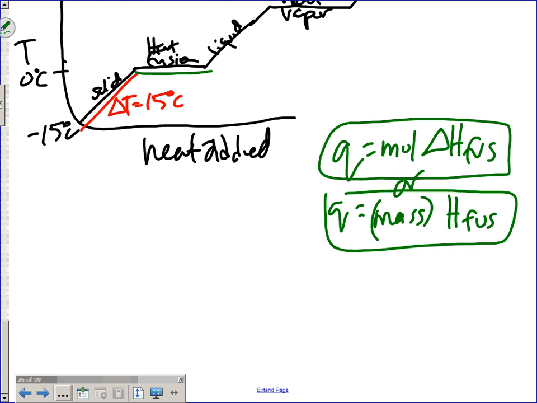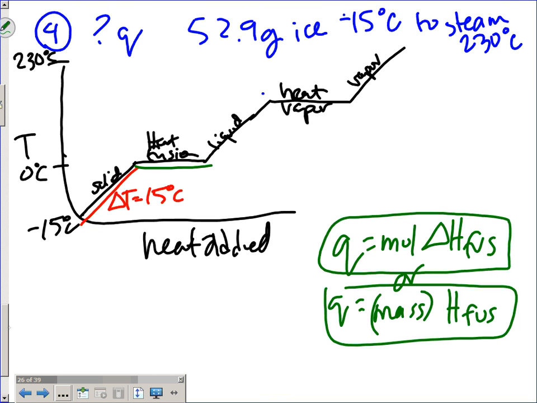And then we have another temperature change, which is what here? From liquid up to, when does liquid turn to vapor? For water. At 100, right? So label your next little caret point over here to be 100 degrees Celsius. So what's my temperature change here in the liquid phase? 100, which is my T final, minus 0, which is my T initial.